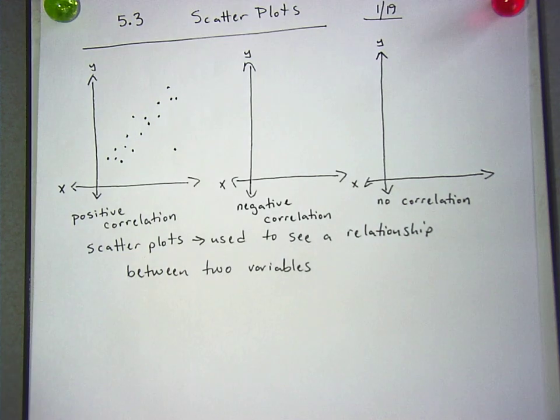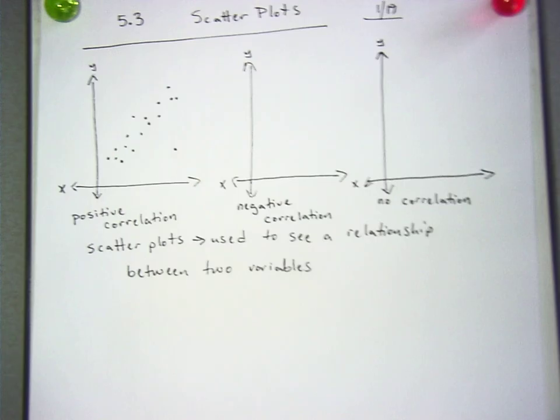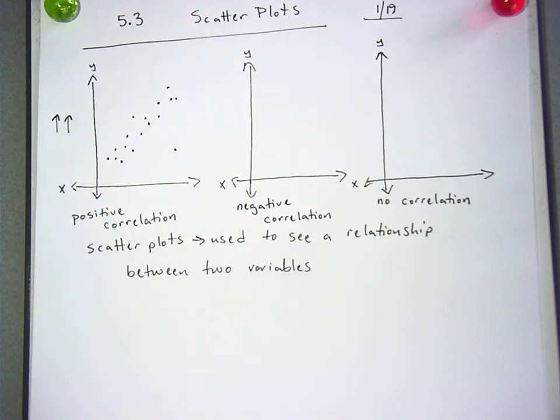Can anybody think of, for a prize, a real life situation where you'd have two things that have a positive correlation with each other, which means as one goes up, the other goes up? Cameron, go ahead.